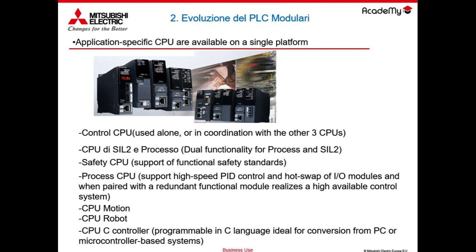The motion CPU is a special CPU for high-speed movements where important performance-related electrical axes are to be managed. Let's say that a motion CPU can handle up to 64 electrical axes. In a multi-CPU system, we can integrate a maximum of 3 motion CPUs plus a control CPU.